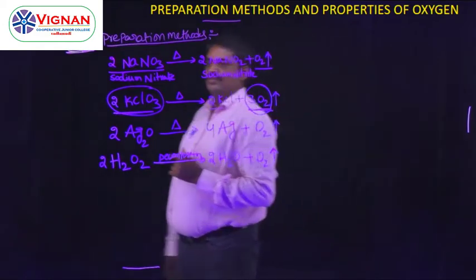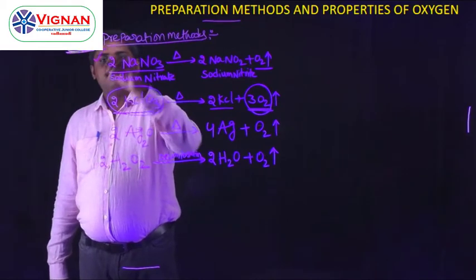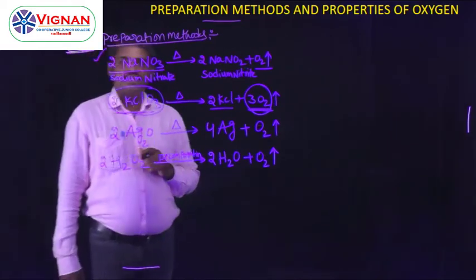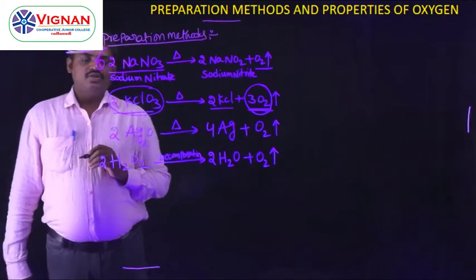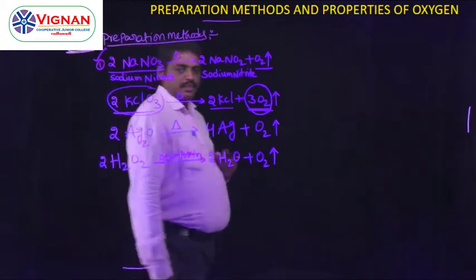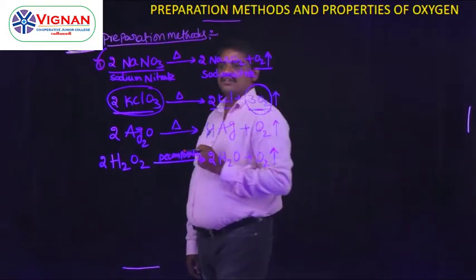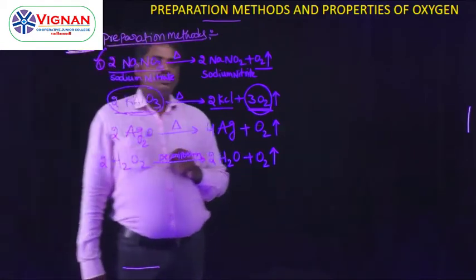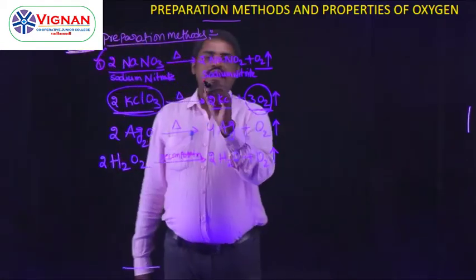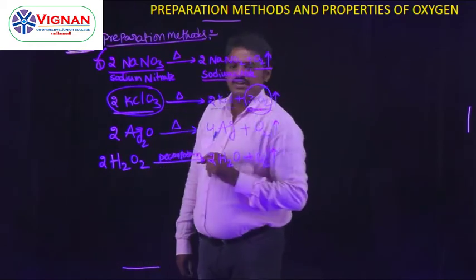Okay, so once again, repeating these preparation methods. The first preparation method is the thermal decomposition of sodium nitrate at high temperature to produce sodium nitrite and a small amount of oxygen gas.